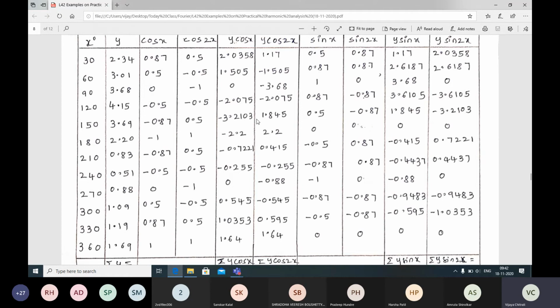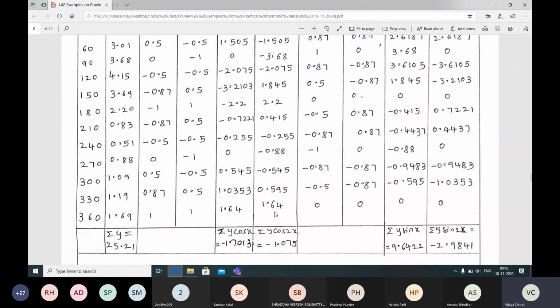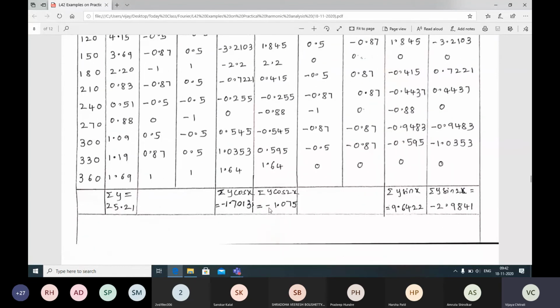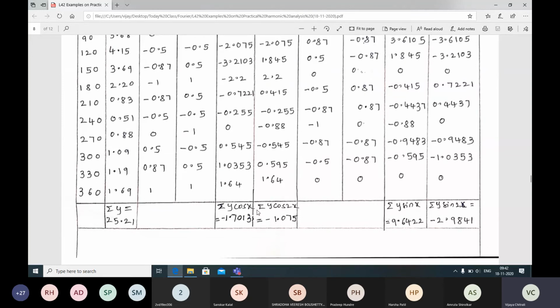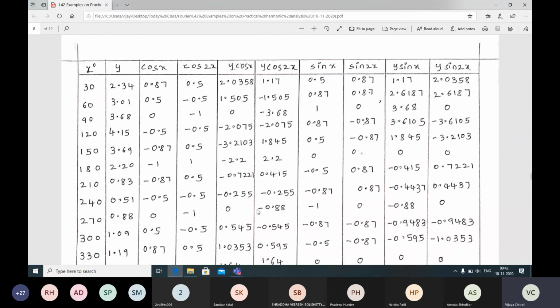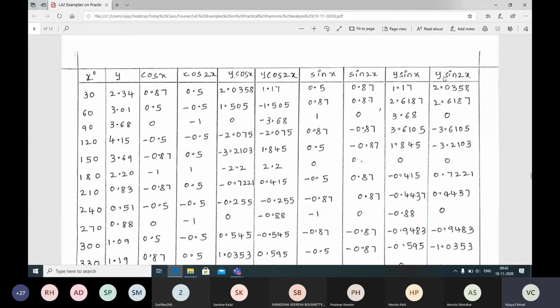So add all the values of y cos 2x. The sum of these values, summation of y cos 2x, is equal to minus 1.075. Now we want summation of y sin x and summation of y sin 2x.